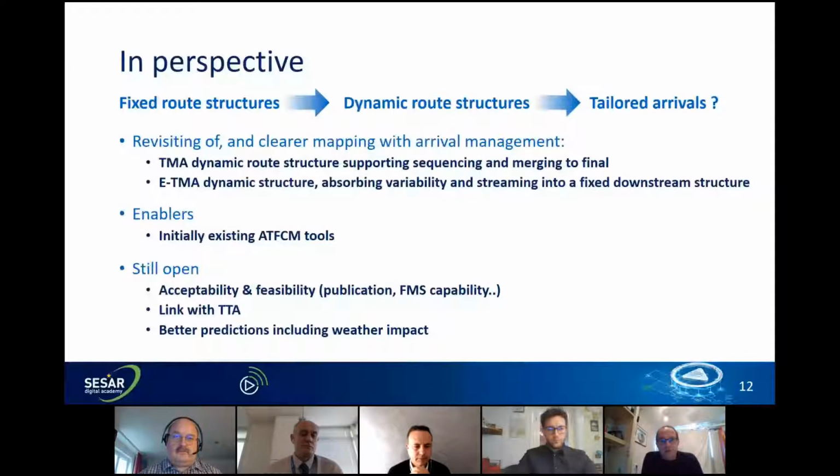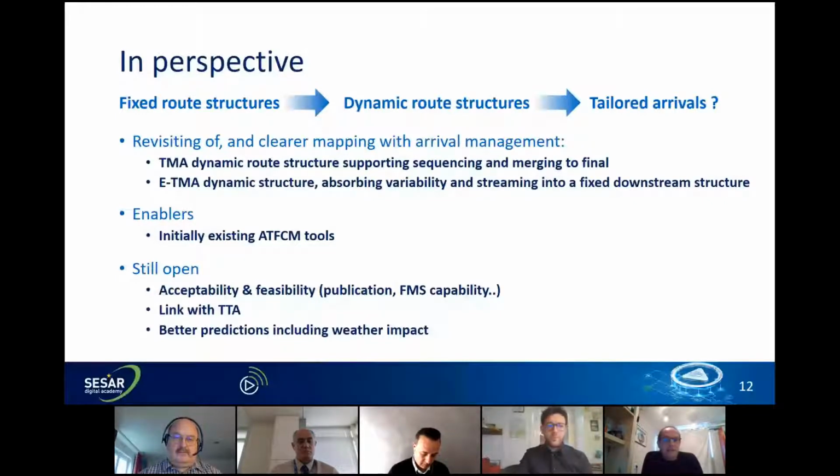As a conclusion and a perspective, perhaps, what I just showed you, dynamic route structures may be understood as an intermediate step between the initial fixed route structures that were introduced with PBN in the terminal area, and on the other end of the scale, concepts such as tailored arrivals, where you have individually optimized routes for each arriving aircraft.